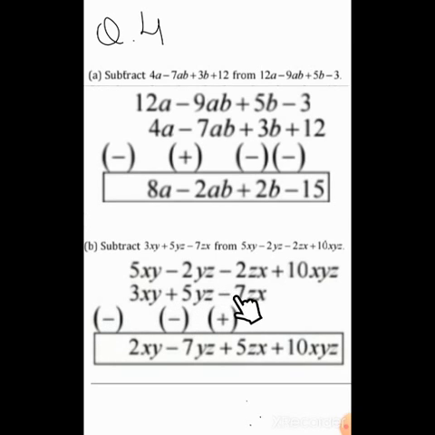If a minus sign is given, we change it to a plus sign. 10xy, because below 10xy there is no term, so we take 10xy. Minus 2 plus 7 plus 5zx, minus 2yz minus 5yz means minus 7yz, plus 5xy minus 3xy is 2xy. So our answer is 2xy minus 7yz plus 5zx plus 10xy.